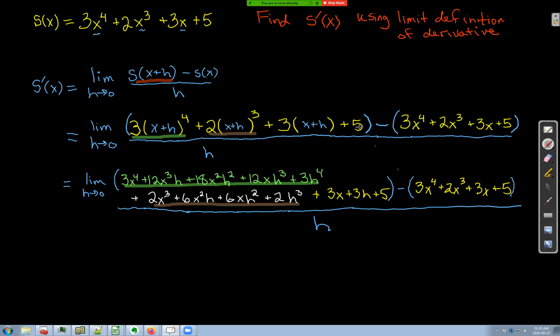So this is a plus 5, and this basically is a minus 5. So these can knock each other out. Those make 0. And then what else? Here's a 3x, and here's another 3x. Oh, but wait a minute, it's in those parentheses with the minus sign. So that 3x can knock out that 3x.